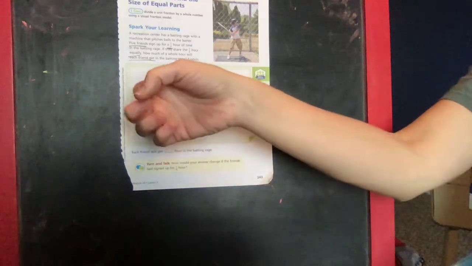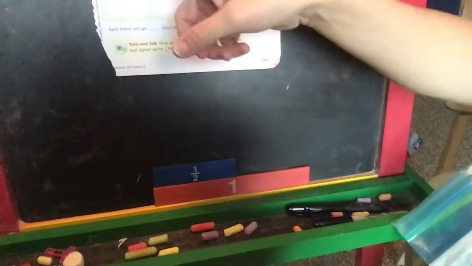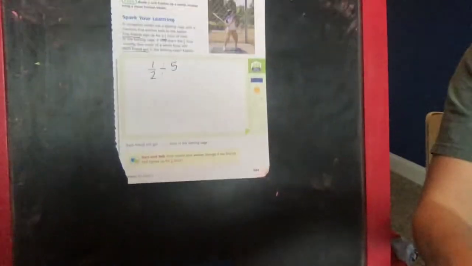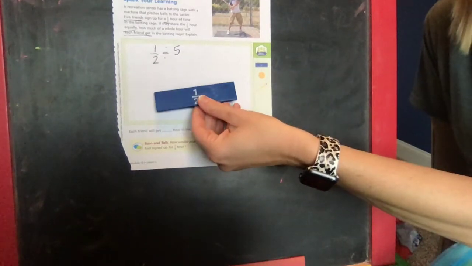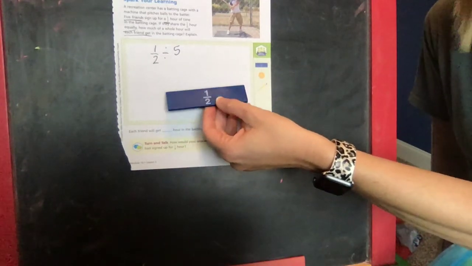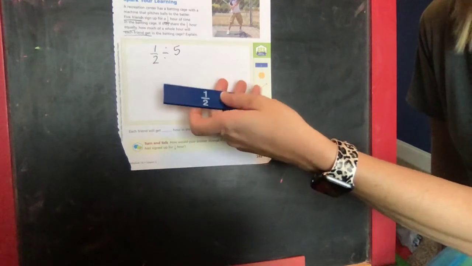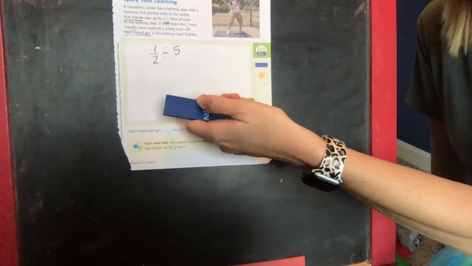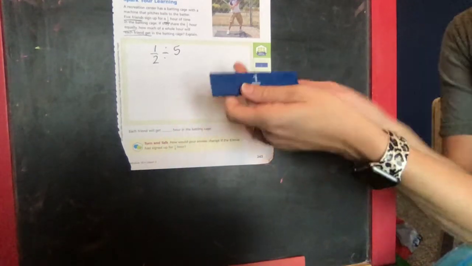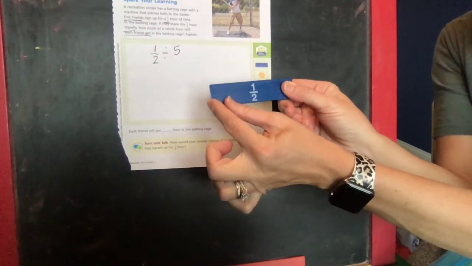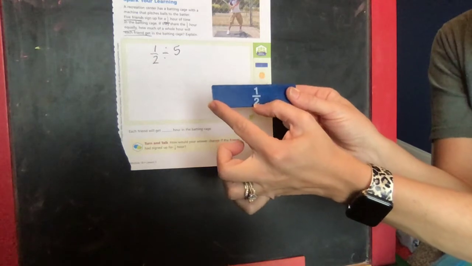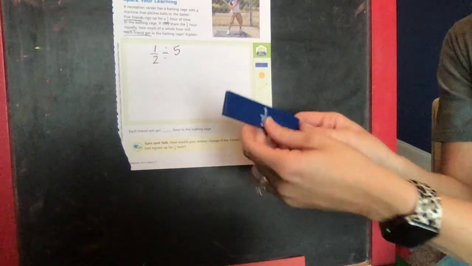Okay? So if we have a half and we divide it in 5 parts, first thing I should know is that if I have a half and I divide it by 5, I'm going to get a smaller fraction because I'm taking this and I'm putting it in 5 equal parts. So I'm going to have a little piece of this if I'm one of those friends. So I'm going to have a number that's smaller than a half.